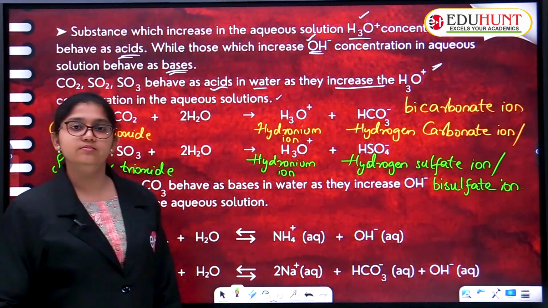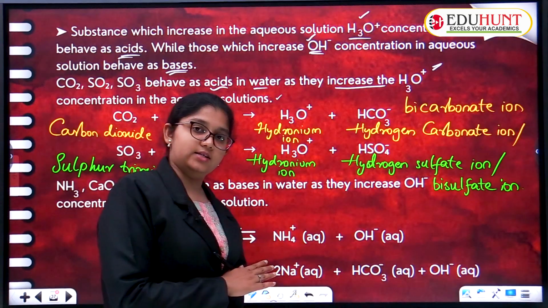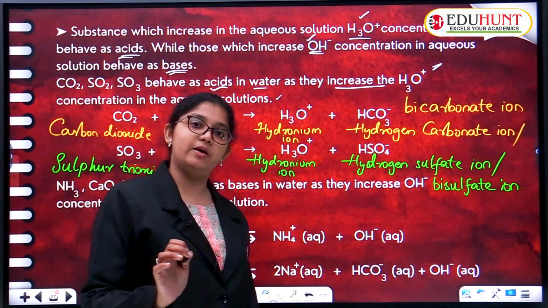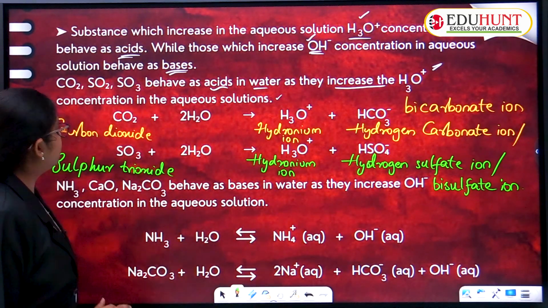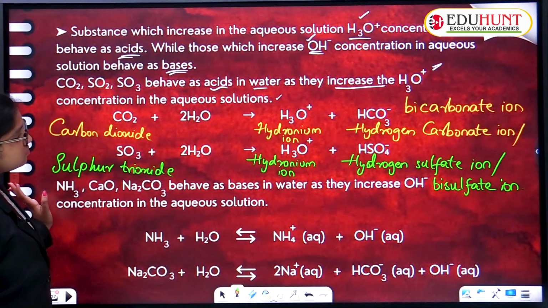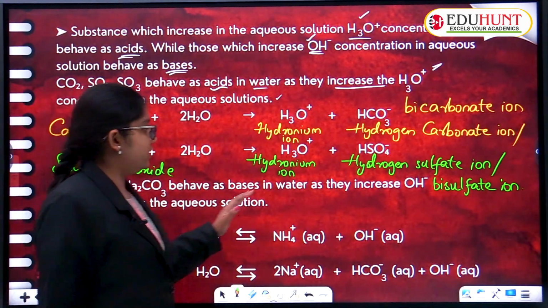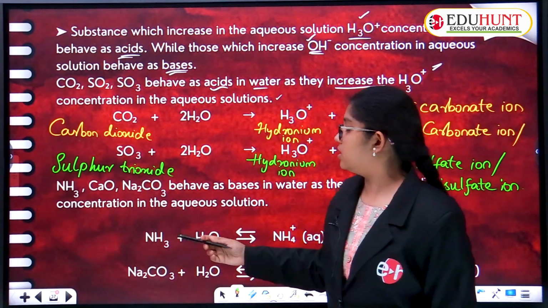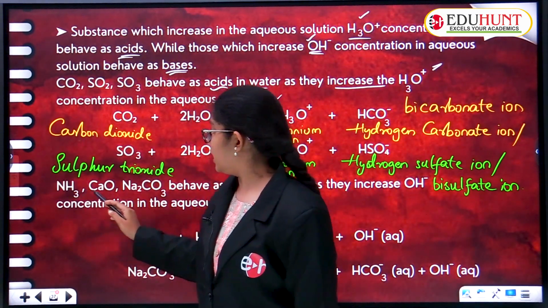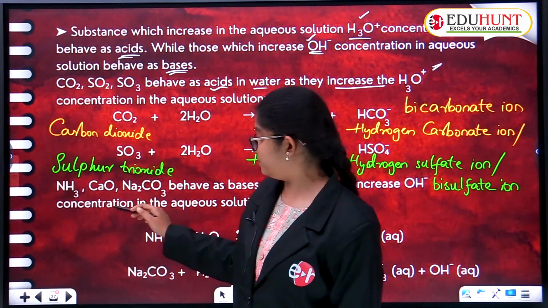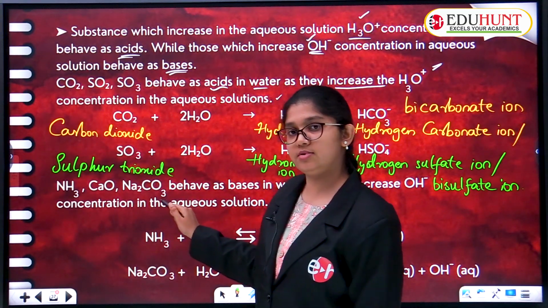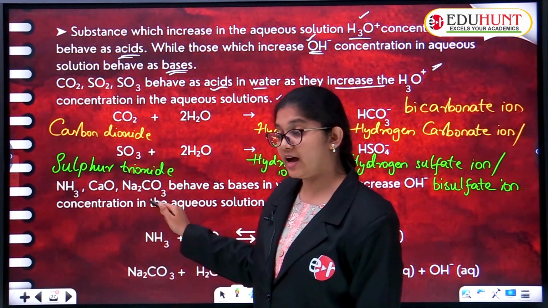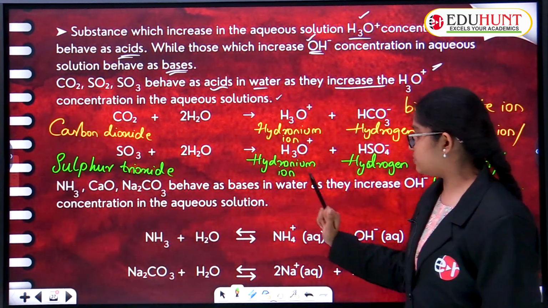This is all about the modification in the acids which do not have an H atom in the particular formula. Okay, clear. Now, regarding the next one, up to here it was acids and now it is different. NH3 ammonia, CaO calcium oxide, Na2CO3 sodium carbonate behave as bases.